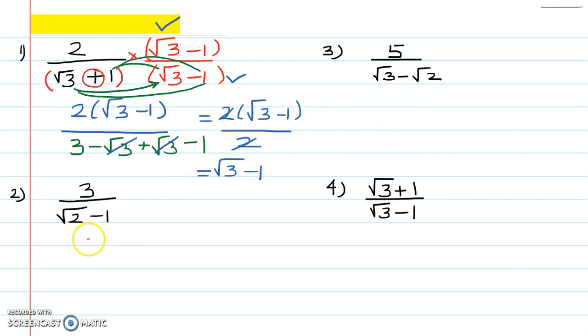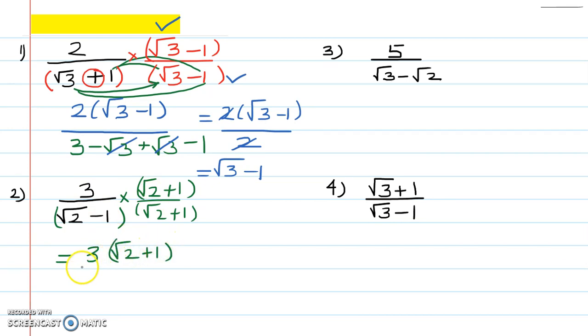Similarly, if here it is root 2 minus 1, whatever I said, change the sign of the denominator. Here it is minus, so change it to plus, and put it in a bracket. You must put these terms in a bracket. In the numerator you need not multiply, it is already in simplified form, so you can write 3 root 2 plus 1 in a bracket.